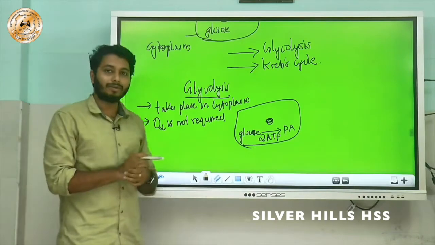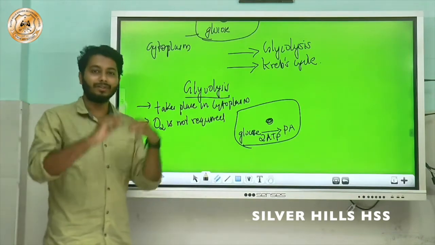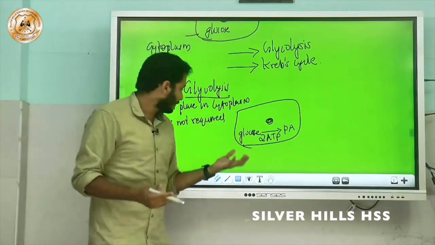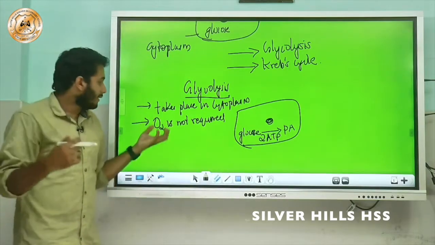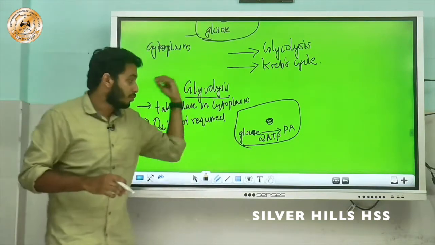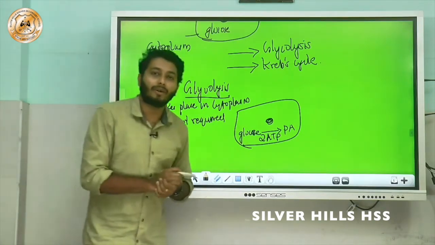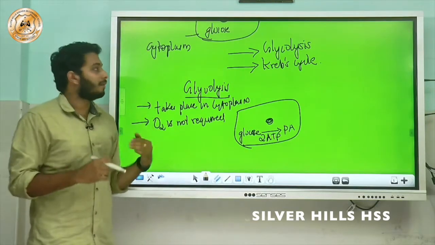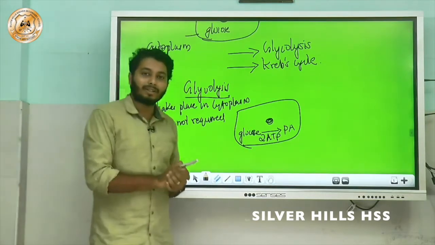So that's all about glycolysis. Simple definition: the process of converting glucose into pyruvic acid, taking place in the cytoplasm, without oxygen, producing two ATP molecules. After glycolysis, the next step in cellular respiration is the Krebs cycle.